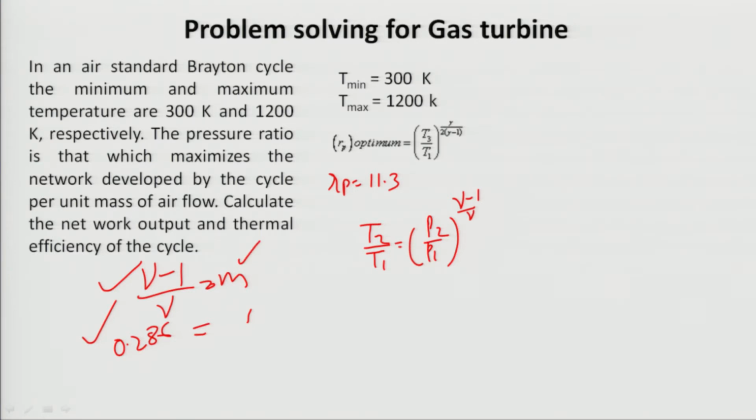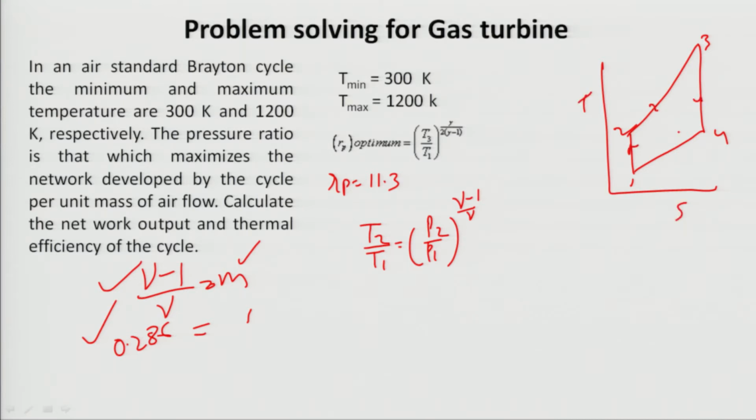So, with this pressure ratio of 11.3 and the exponent 0.286, we find the temperature at point 2.